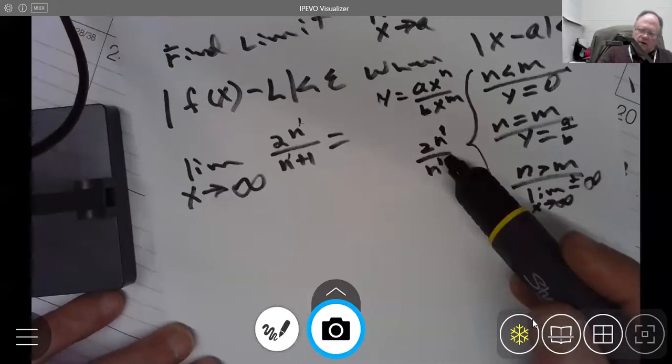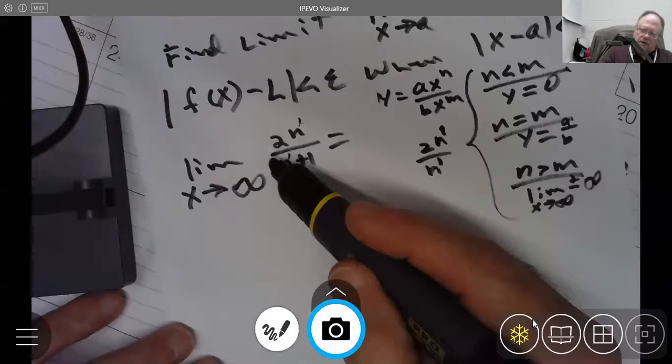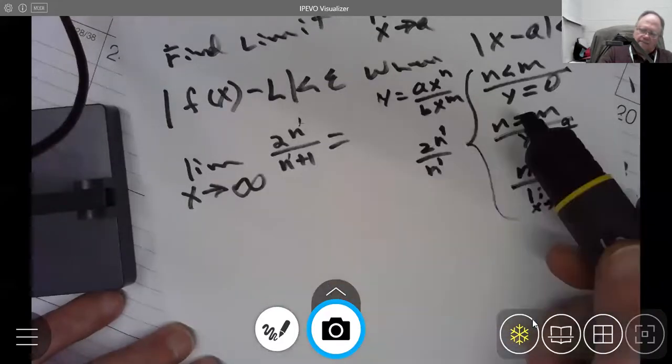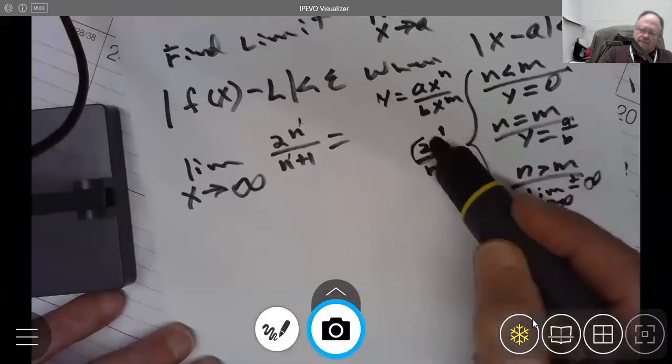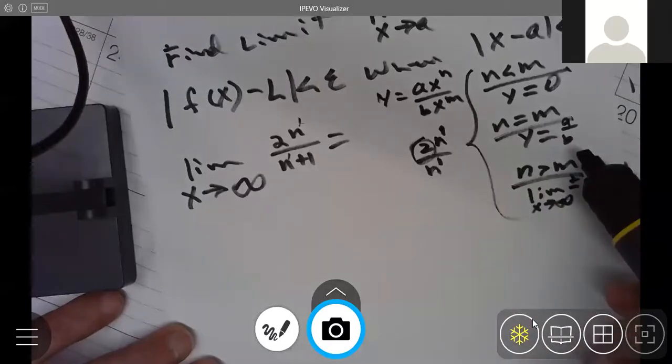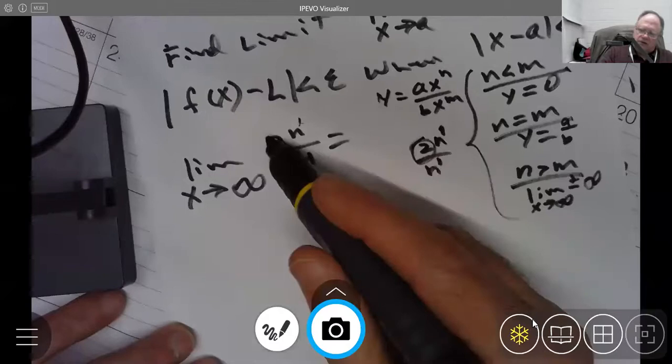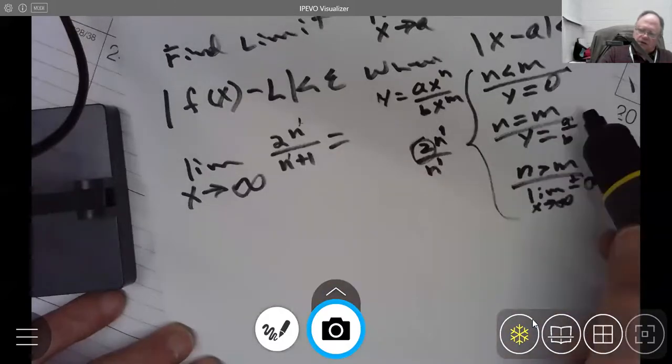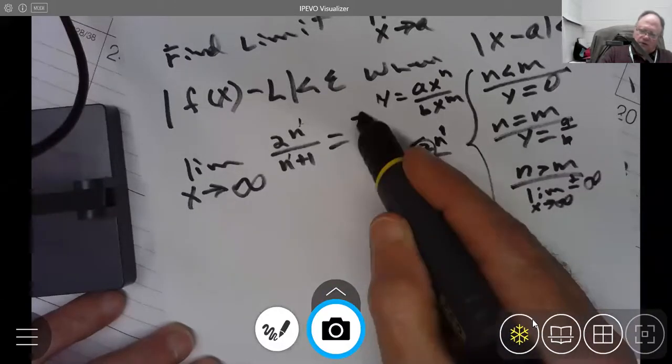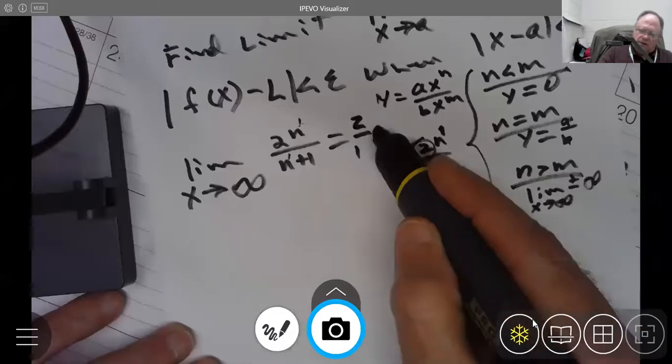So therefore, our limit is what? Two. It's 2 over 1, right? It's the coefficients, 2 over 1 or just 2. So that's our limit.